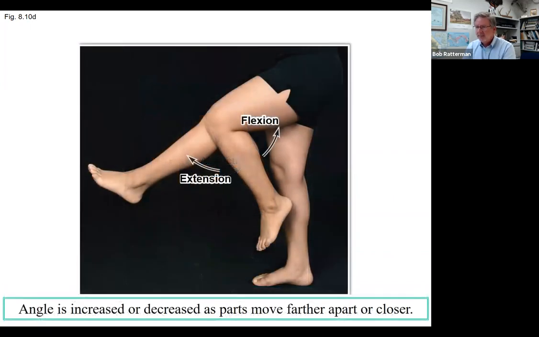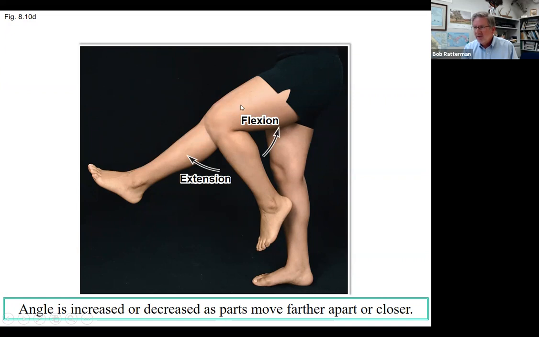Flexion and extension. Imagine here at the knee joint an angle, which here appears to be, we'll just call it 90 degrees, as opposed to if the leg is straight out, that'd be 180 degrees, right? So during flexion, we are decreasing the angle between, in this case, the lower leg and the thigh.